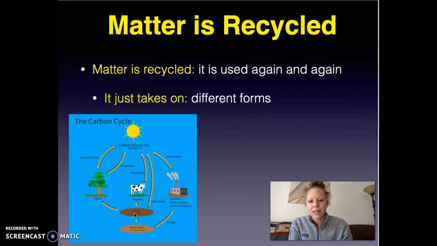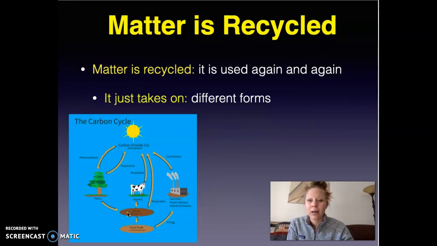And if it is buried without any oxygen, it will become a fossil. That's how fossils are made. They have to be buried without any oxygen. That way it can't be decomposed. But if it falls to the ground and there is oxygen, well then other organisms are going to eat it.